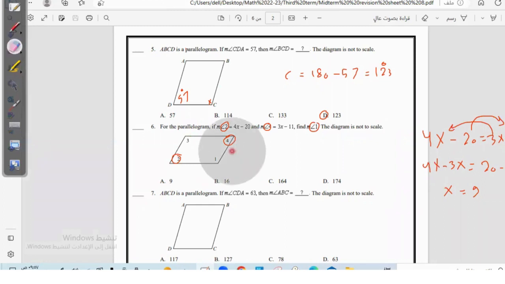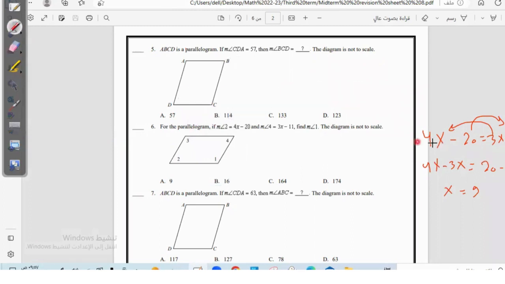So angle 2 equals 4 times x minus 20, so this angle is 32 and this one is going to be, now what about angle 1? Okay, so it's going to be 148.